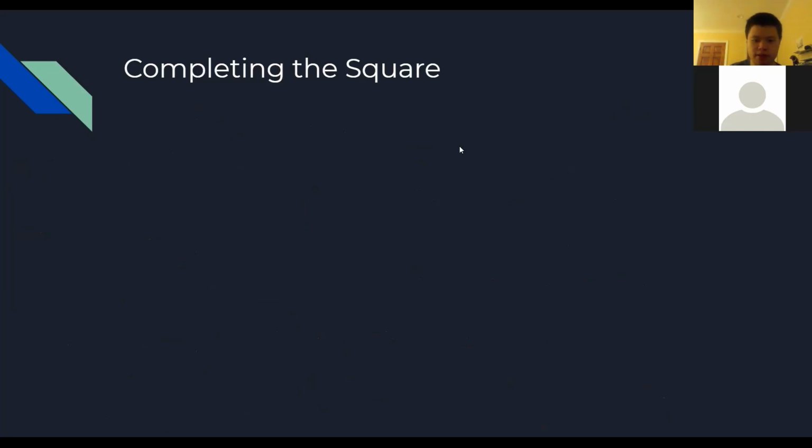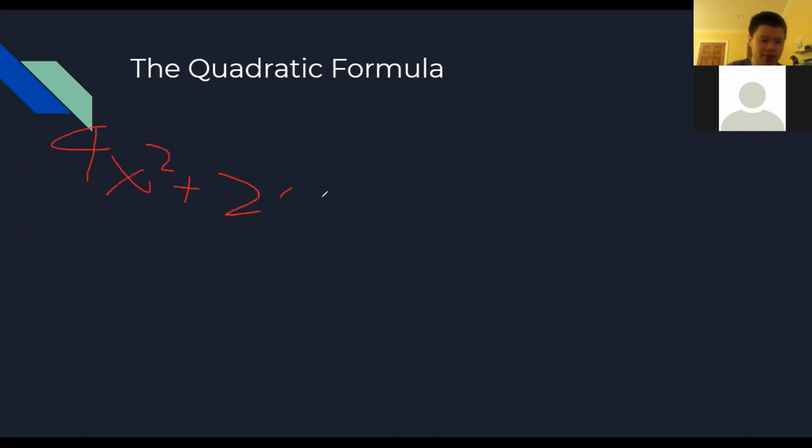Okay, now we're going on to the quadratic formula. So we had this equation before, but there is a quicker way to solve the equation than just by completing the square.